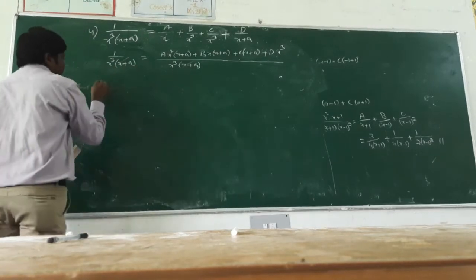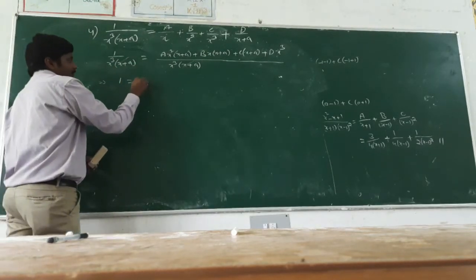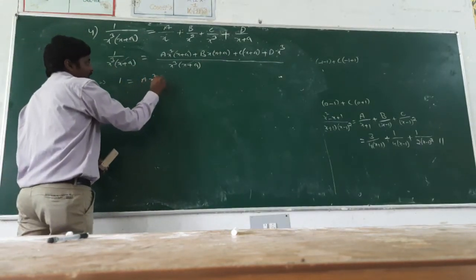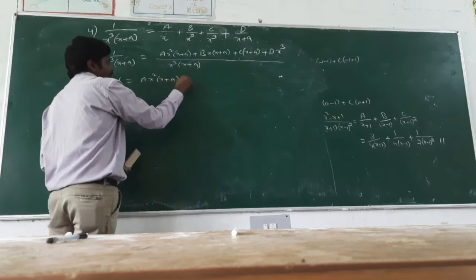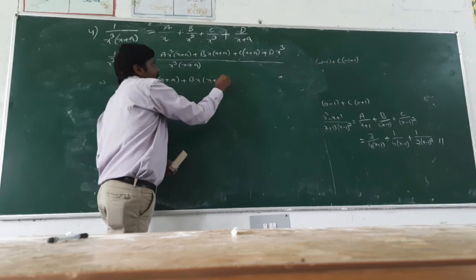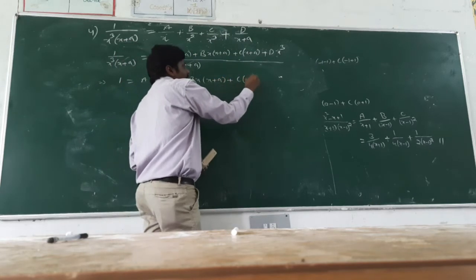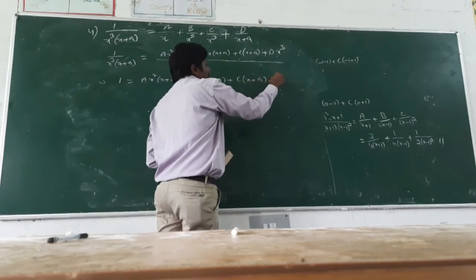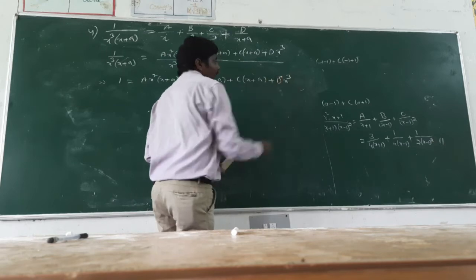So 1 is equal to A x square (x plus a) plus B x (x plus a) plus C (x plus a) plus D x cube.